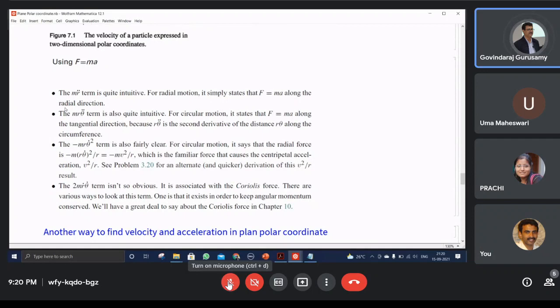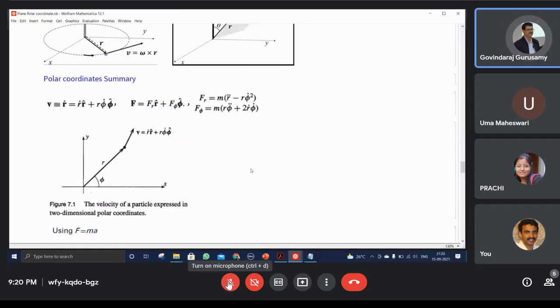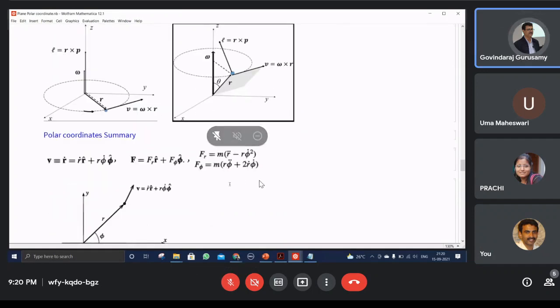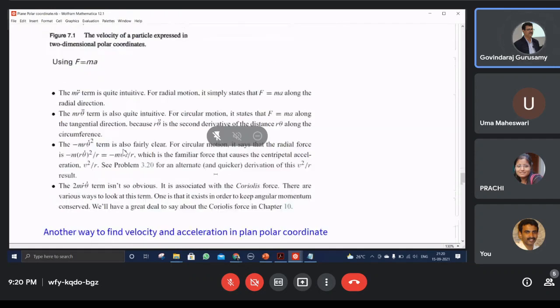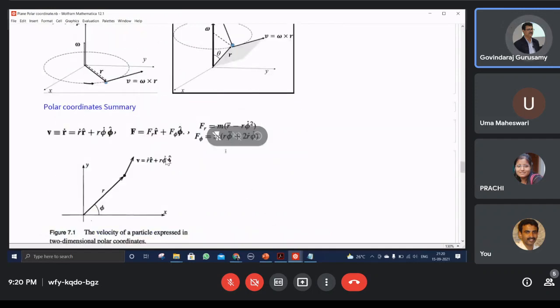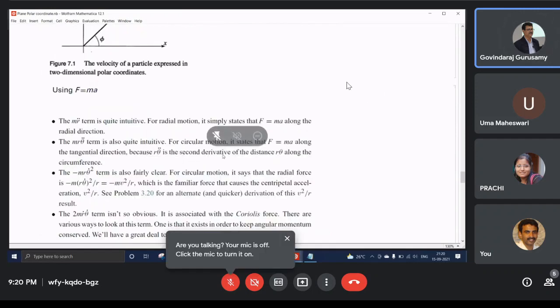Okay, come to the second one. m r phi double dot, or a theta double dot, doesn't matter. That's not an issue at all. This term is also quite intuitive.